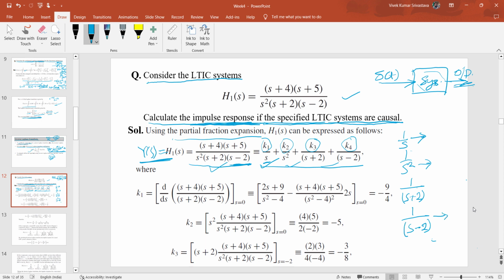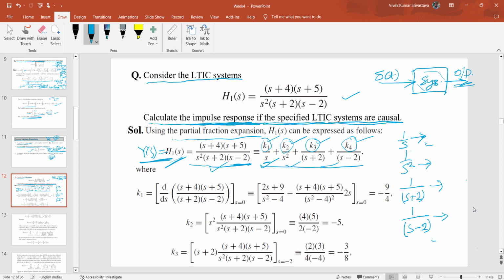All these inverse Laplace transforms we already know. So by using this we can easily evaluate the inverse Laplace transform of this impulse response. We just have to calculate the values of k1, k2, k3 and k4.